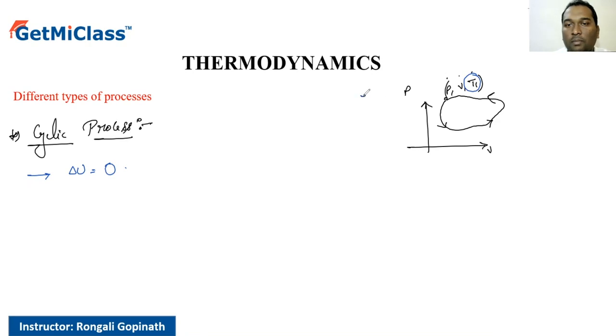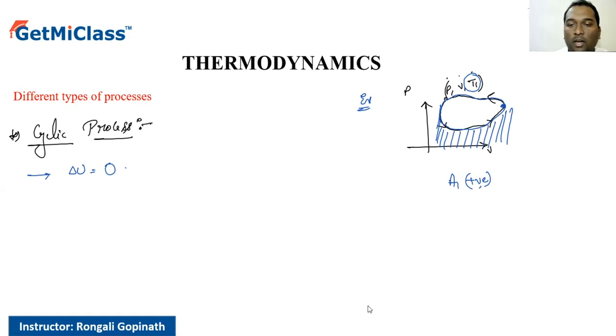Because if you take, for example, this as an example, it is going from here to here, that is, it's expanding because volume is increasing. And then here it is compressing, that is, volume is decreasing. If you take the first area, when the volume is increasing, let's call it A1, and it is positive because the volume is increasing.